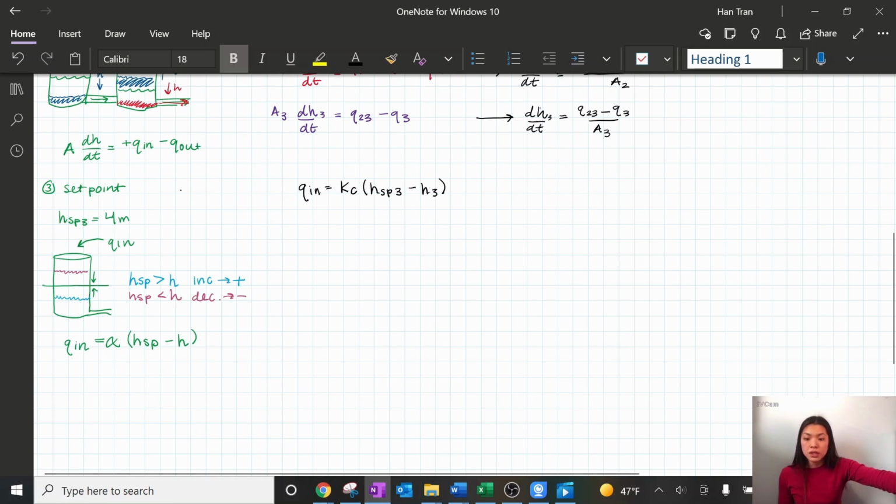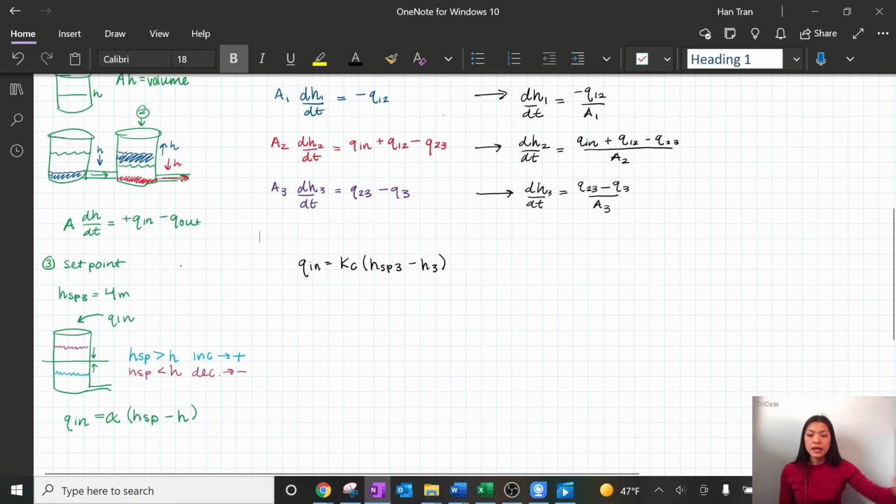And so we wrote out the equation over here that the flow in is going to be dependent on whether it is below or above the set point desired. And so that's going to be the difference between the set point and the actual height multiplied by a proportionality constant that is established based on temperature and materials of the tank, of the fluid, and just other factors that go into how fast the fluid is moving.